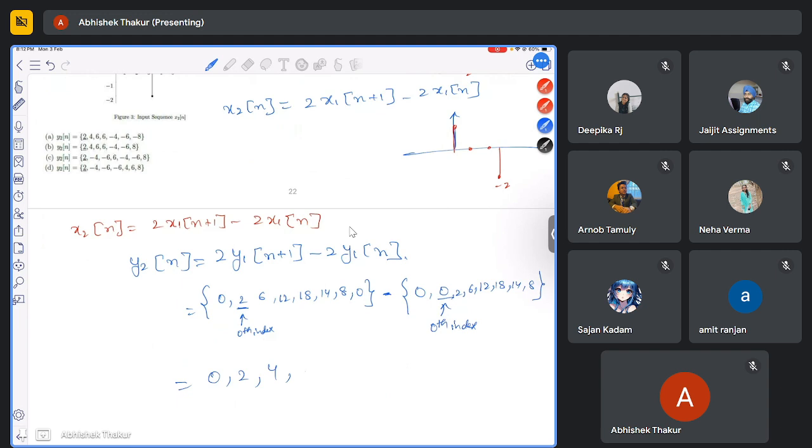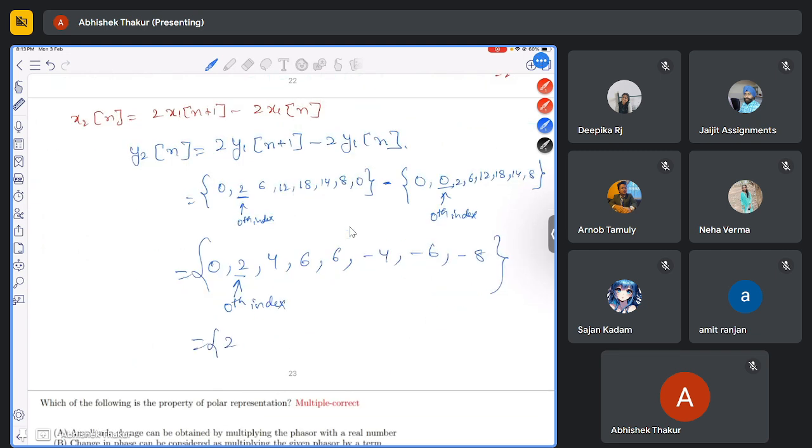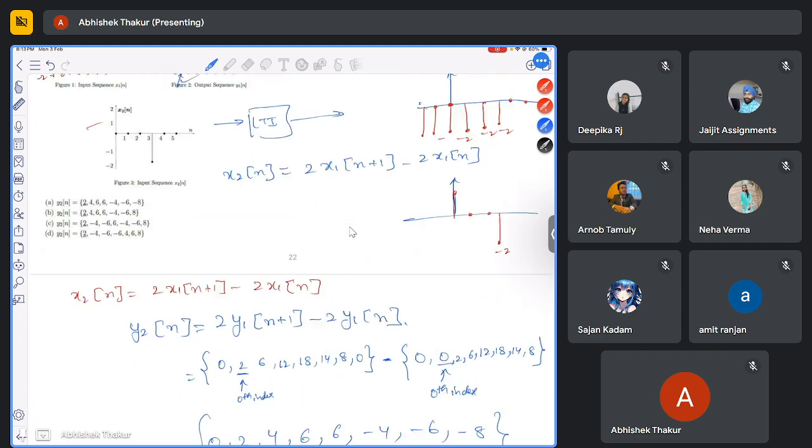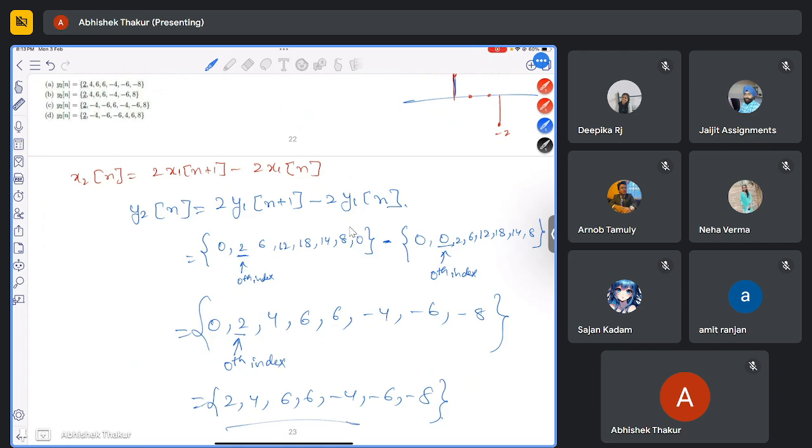And again, this is our 0th index. 2, 6 minus 2, 4, 12 minus 6, 6, 18 minus 12, 6, and then 14 minus 18, minus 4, and then 8 minus 14, minus 6, then 0 minus 8, minus 8. So we can write directly as 2 comma 4, 6, 6, minus 4, minus 6, minus 8. So is any option there? So option B is the correct option for it.